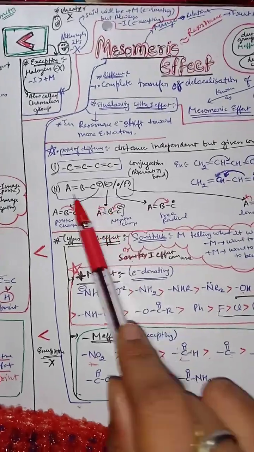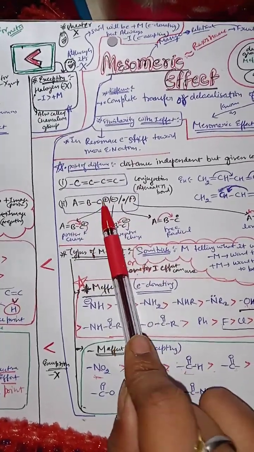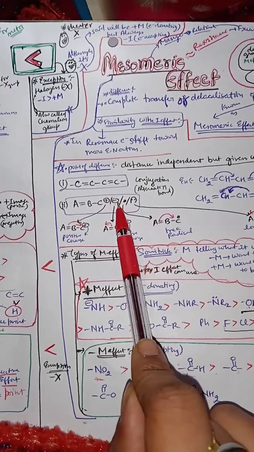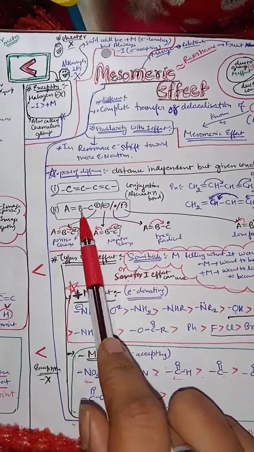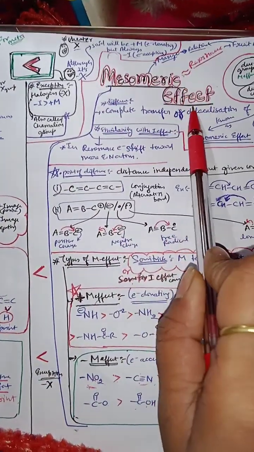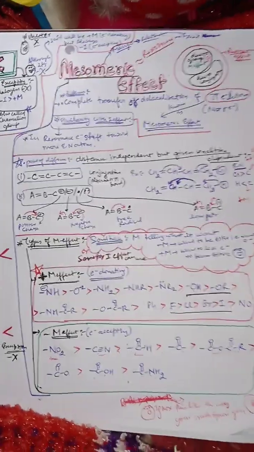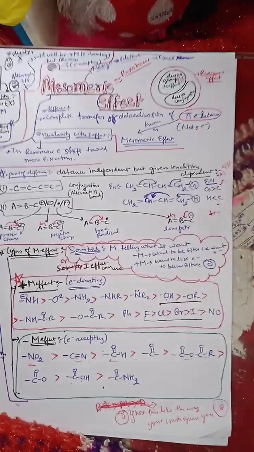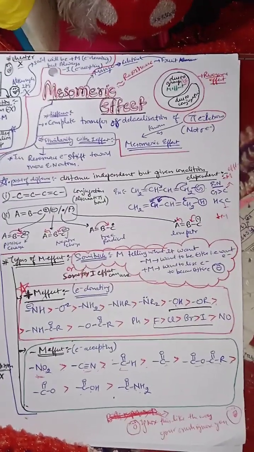When the resonance occurs because of a carbocation, negative charge, free radical or lone pair, then we usually call this resonance the mesomeric effect. So it's not so much difference, just a little bit. You can use mesomeric effect or resonance effect without any hesitation.